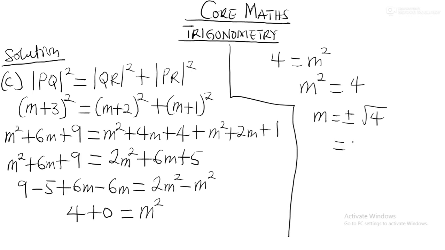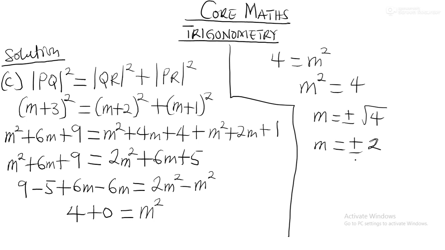So we are going to have plus or minus 2. Okay. So the plus or minus is there because a negative number squared will also give us a positive number. Okay. So you don't just ignore the negative number and use the positive.